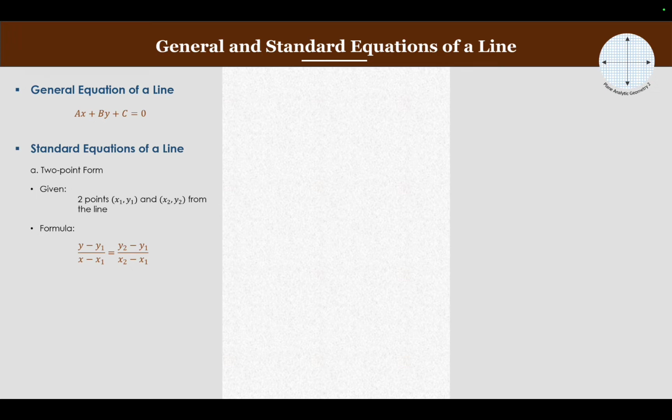So in this formula, you can get the values of x sub 1, y sub 1, x sub 2, and y sub 2 from the given 2 points.